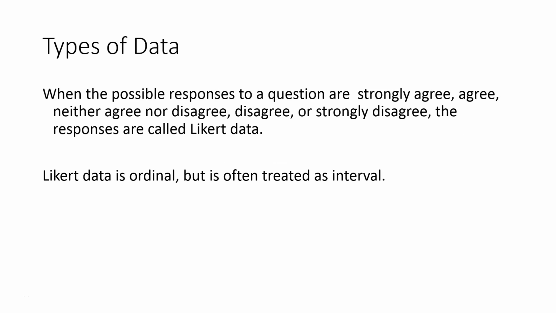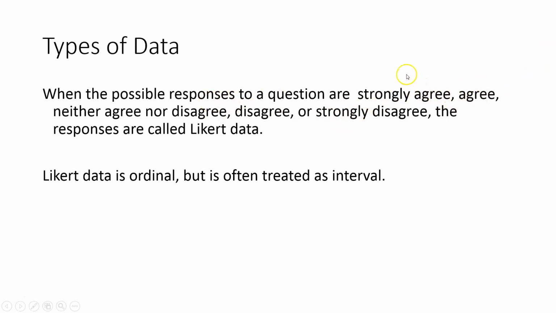One specific type of data I wanted to talk about is a Likert scale. So the Likert scale is when we say strongly agree, disagree, etc. Likert data is actually ordinal, but a lot of times it's treated as interval. In fact, some textbooks will tell you that it's interval, because a lot of times researchers will assign values to these.